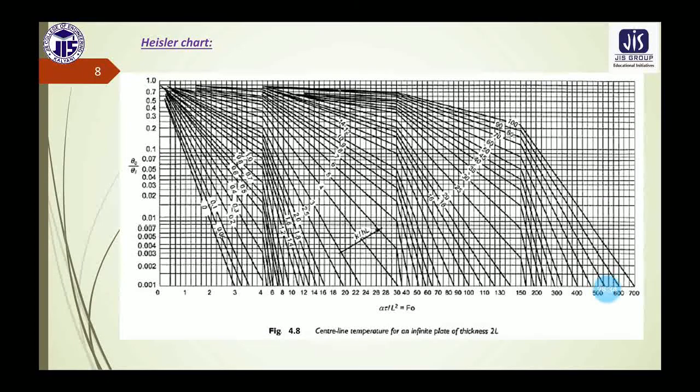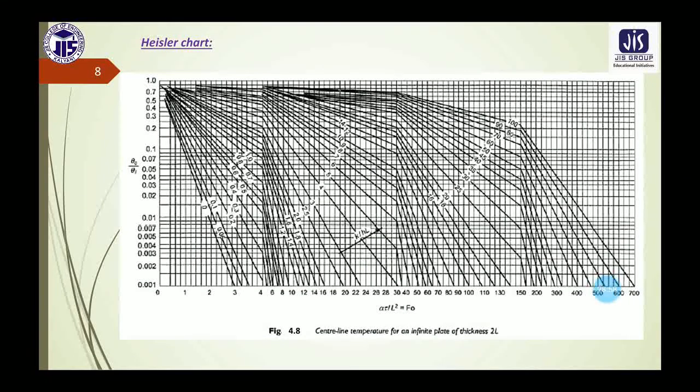So it will be in between 3 to 4. And the 1 by Biot number, that is k by hL, was given as 6.06. Now if we look closely at the middle of this chart, then we will get the value of this 1 by Biot number at 4, 5, 6, 7.